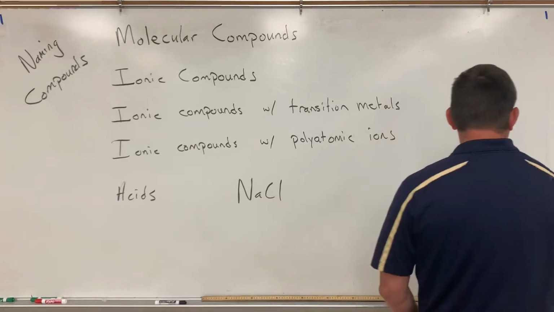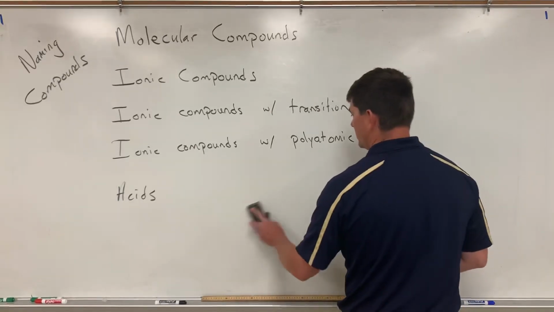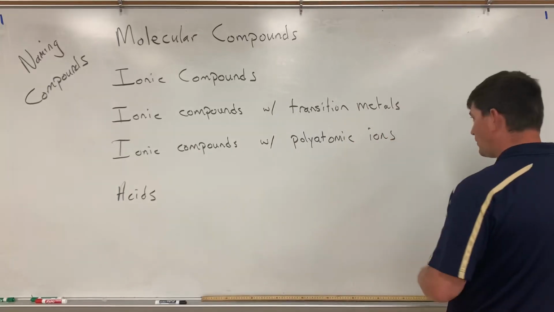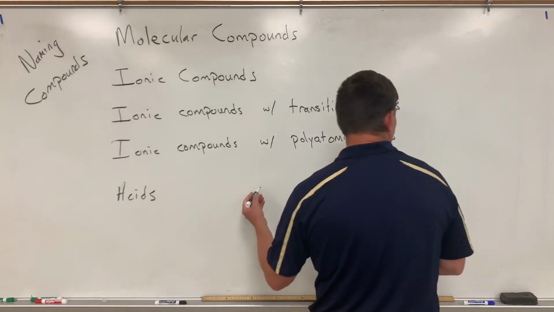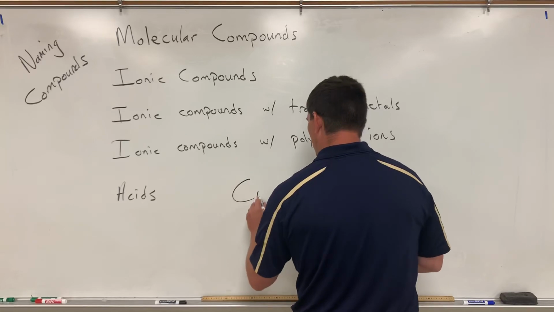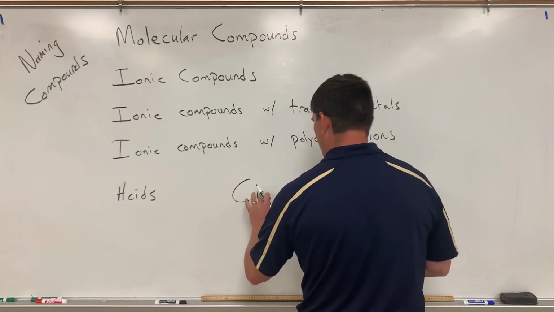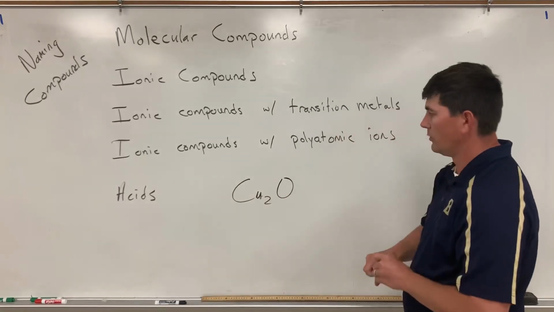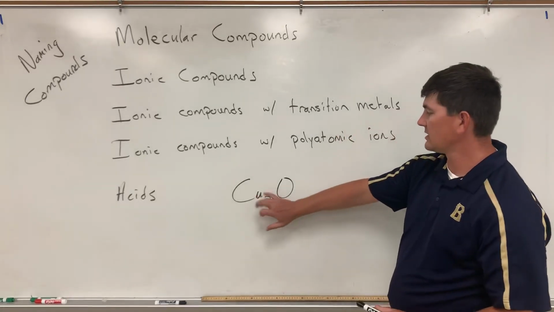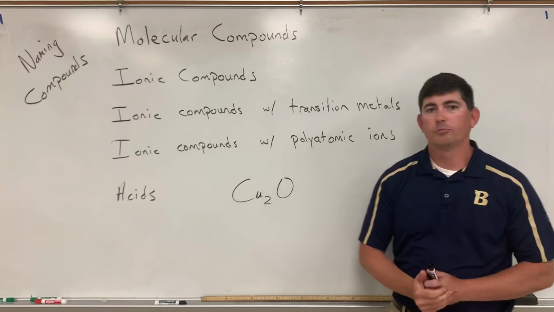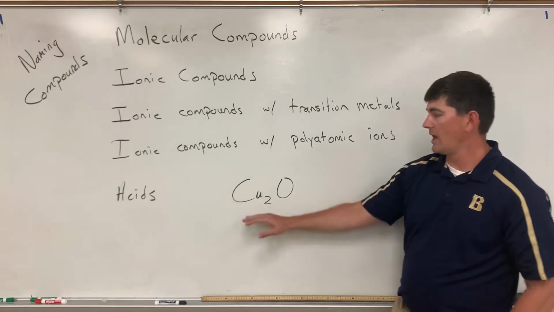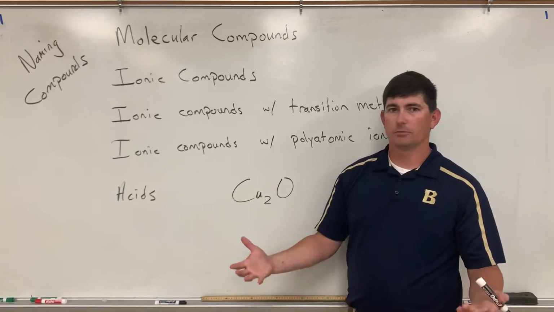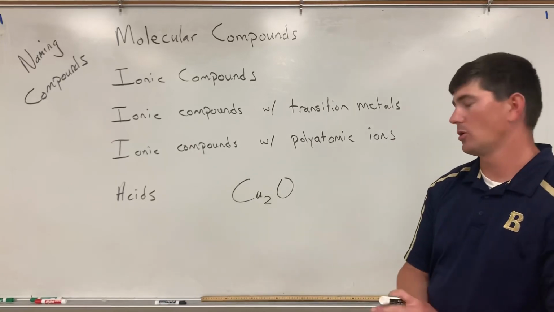An ionic compound with a special metal or a transition metal, an example of that would be something like this formula here. That's a U. So this is a copper oxide, but copper can have multiple oxidation numbers. This is the first time you've heard me use the term oxidation number.